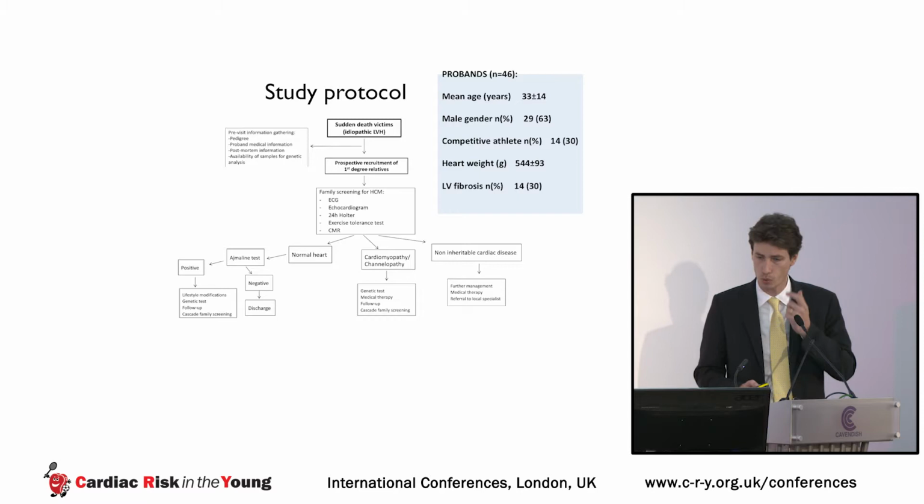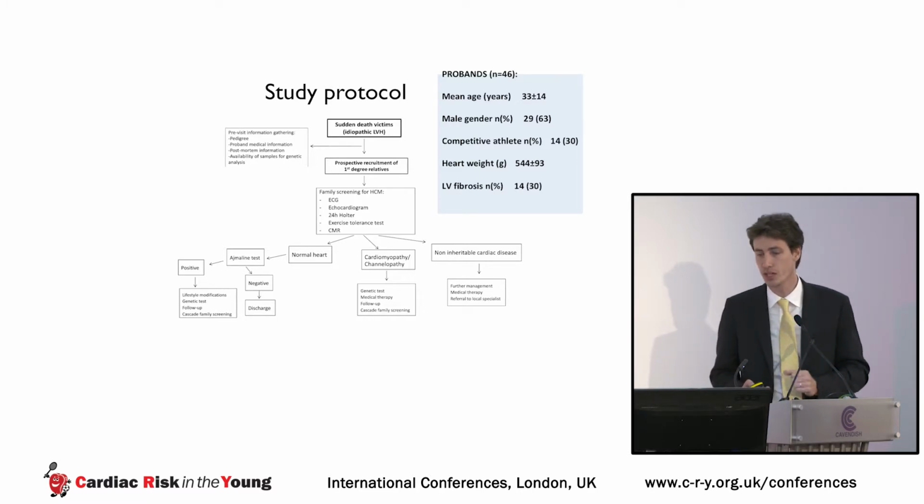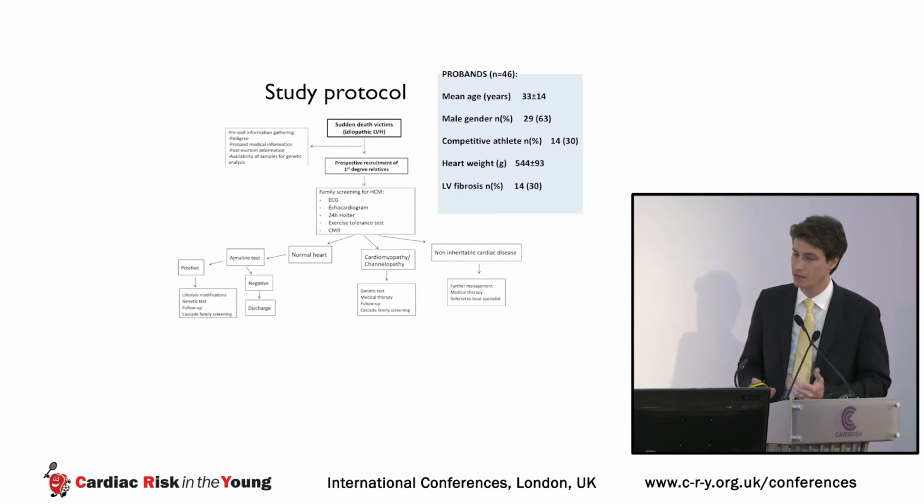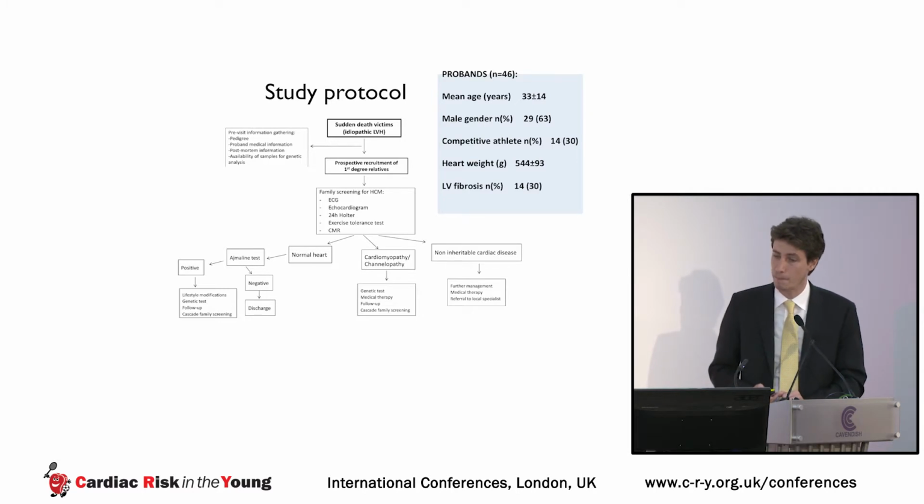So what we tried to do with this study was to investigate a series of families where there was a sudden death with idiopathic LVH defined as before. So we gathered data from 46 probands with this diagnosis, or with this postmortem finding.